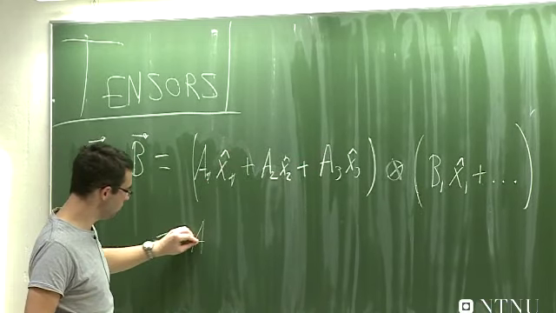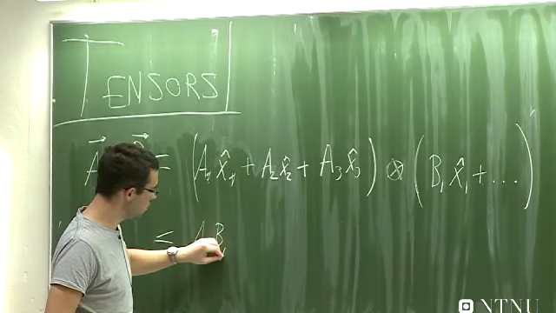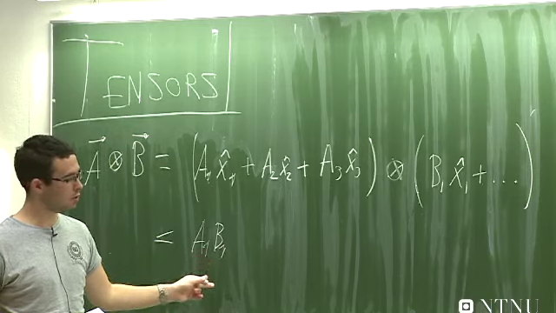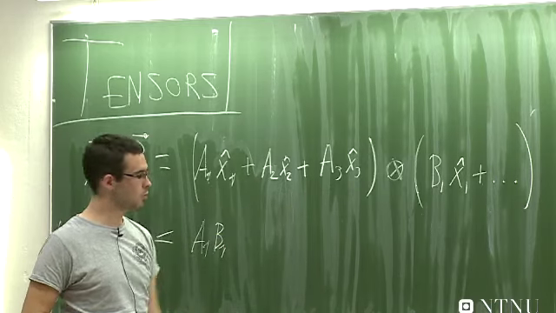So I get A1 B1, and then x1 hat tensor product x1 hat.